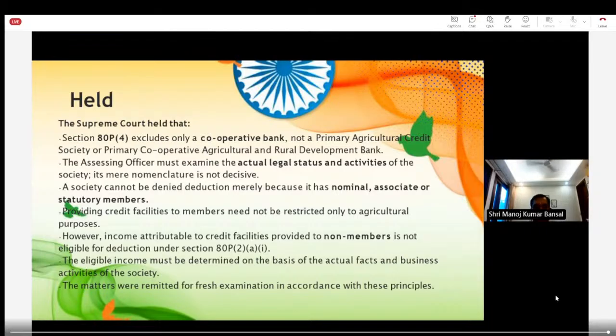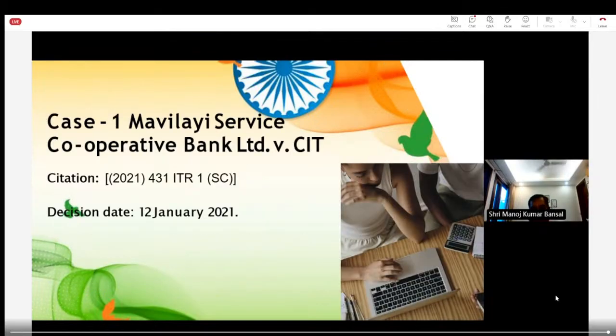This I have discussed during my summations, that if business is done with a non-member, then ATP is not available. And this has been very clearly stated in the Supreme Court case Mavilai Service Cooperative Bank Limited versus CIT.